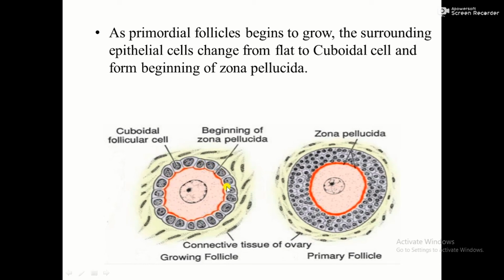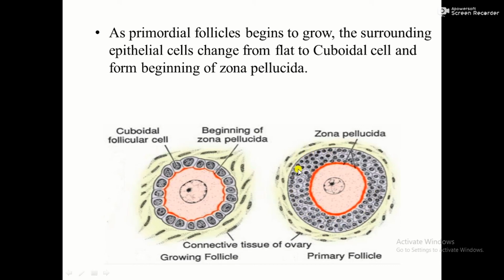Okay, so again the primordial follicle will start to grow and the cells will change from flat cells to cuboidal cells, as you see right here. And this will lead to the formation of the zona pellucida. So look at here, primary follicle.